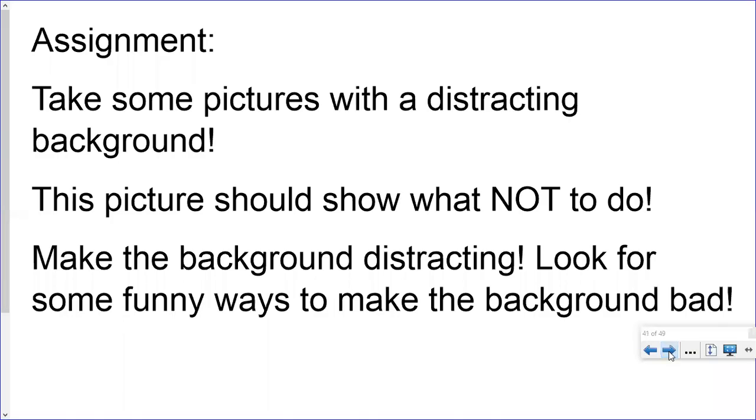So, your assignment this week is not to take a good picture. It is to take some pictures with distracting backgrounds. So you're going to have some fun with it this week. Your picture should show what not to do. So you are going to take a bad picture. So what you're going to do is make that background distracting.